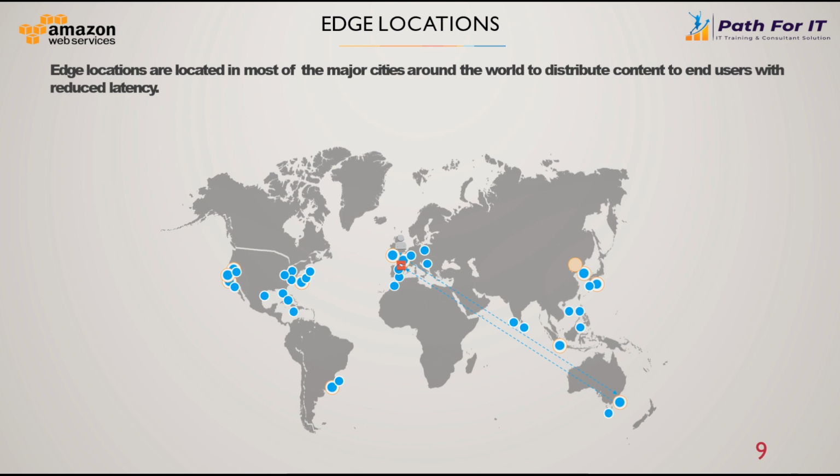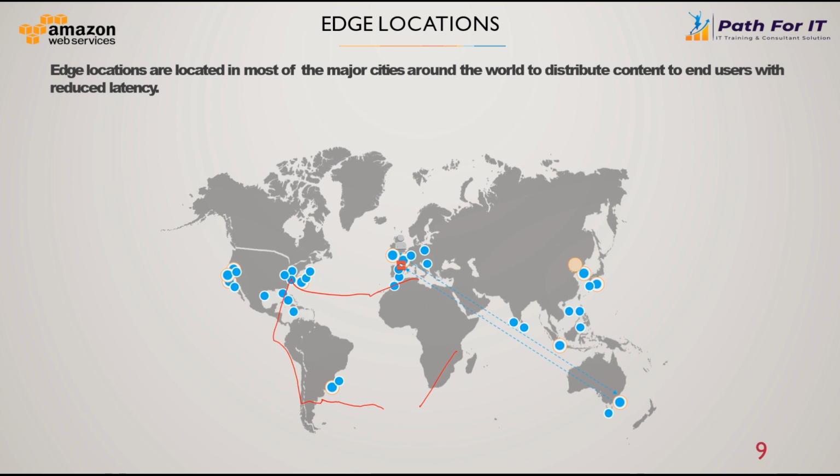Edge locations are distributed throughout the world and are designed to improve the performance and availability of AWS services for end users by reducing latency and network congestion.